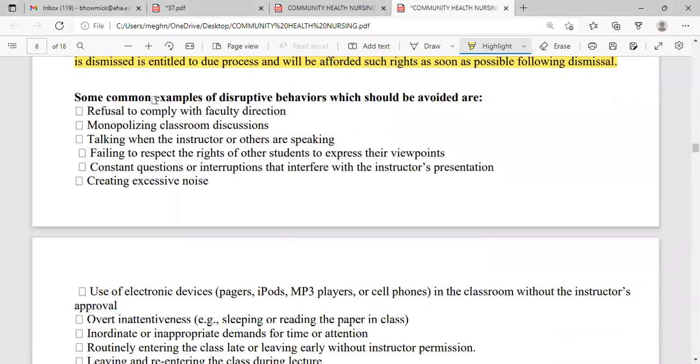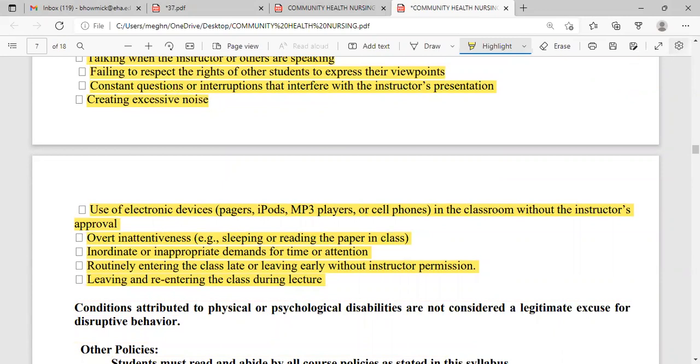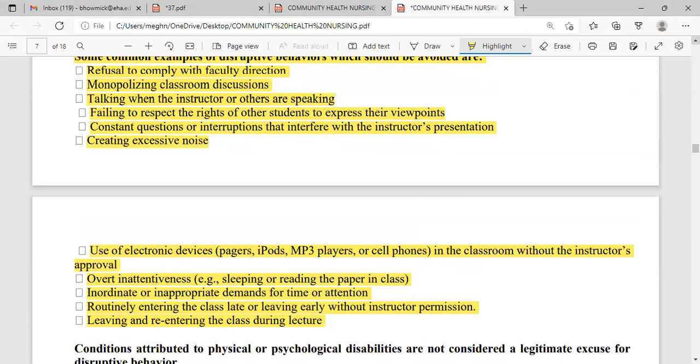Some common examples here. When you have time, I'd like to request that you read it. Examples include refusal to comply, monopolizing classroom discussion, talking when the instructor or others are speaking, or constant questions and interruptions that interfere with instructor presentations.